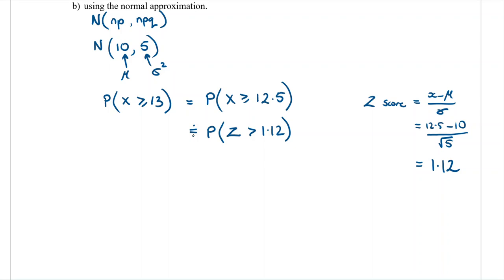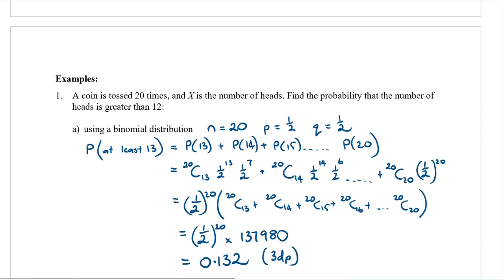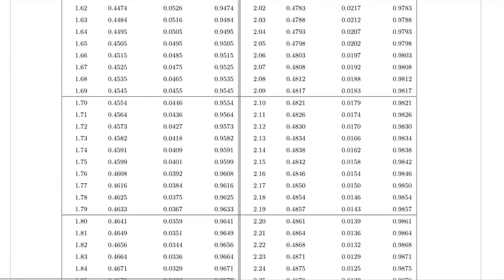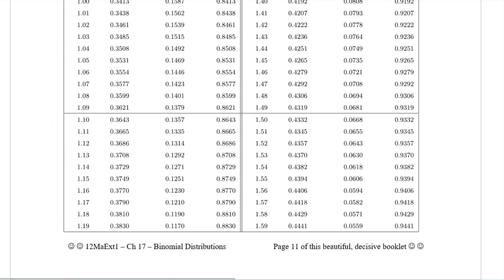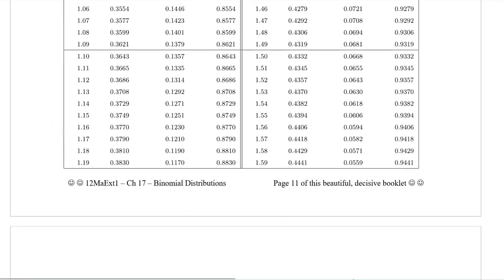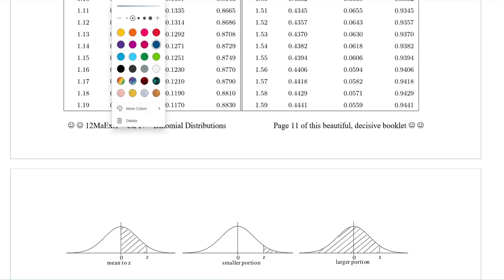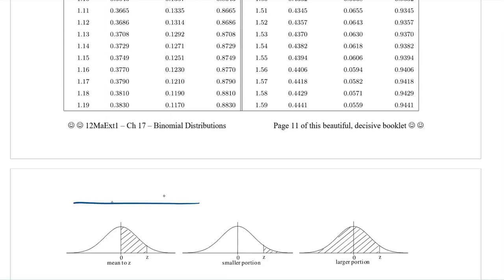Well, we have to work that out now. Let's go back to our table. We want 1.12. Page 11. I'm going to bring that there so I can see the table, the little normal graphs below. So 1.12 means I've got a curve. Okay, 1.12, so the middle is in here, so we're going to say 0 in the center. 1.12 is going to be something above it, right?